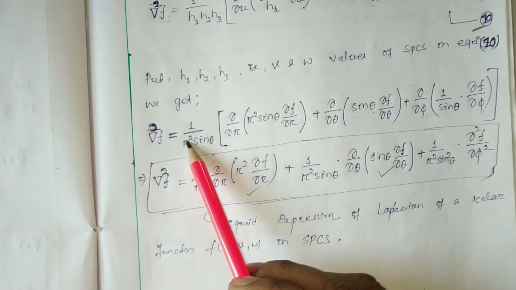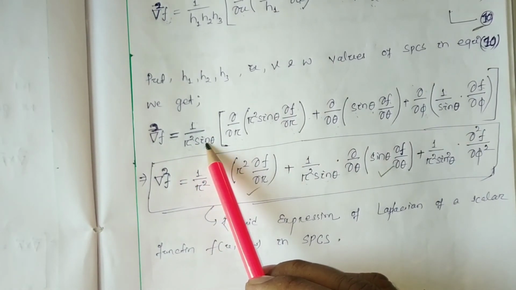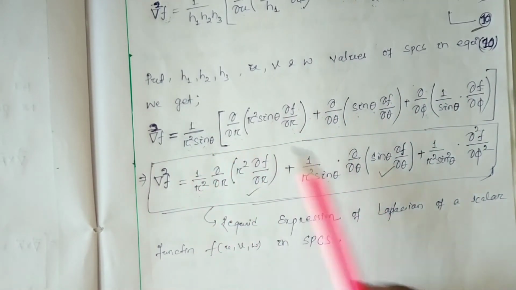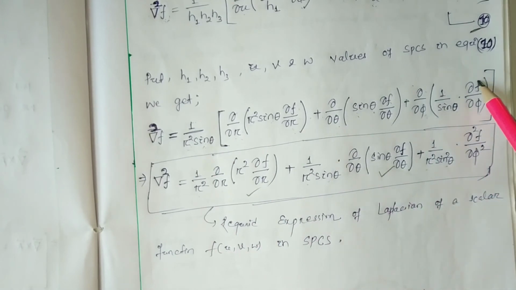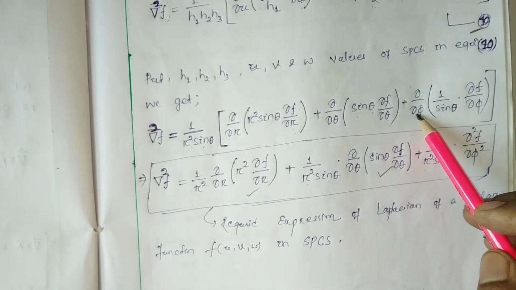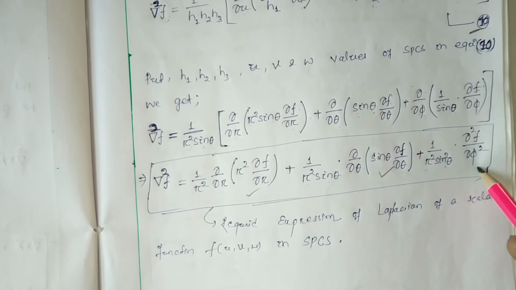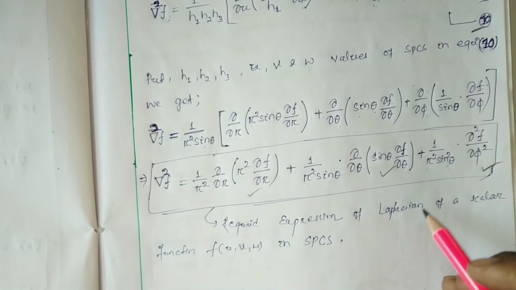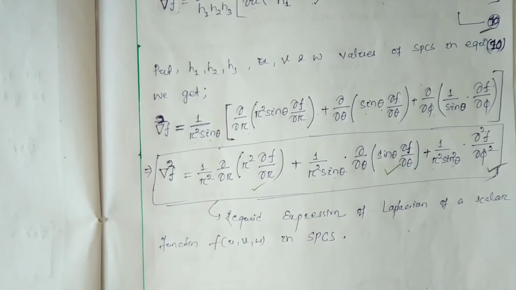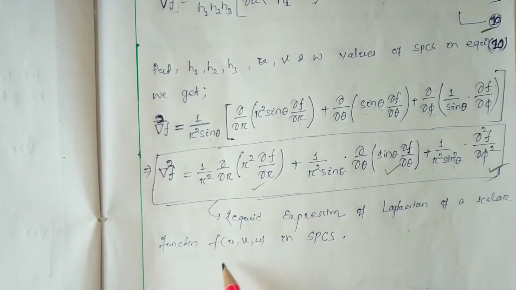It will be 1 by r square, and sin theta is multiplied with this, meaning 1 by r square sin square theta, del square f by del phi square. So this is the required expression of the Laplacian of scalar function f.